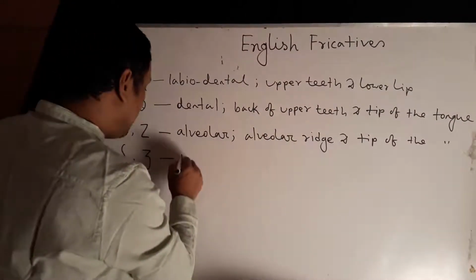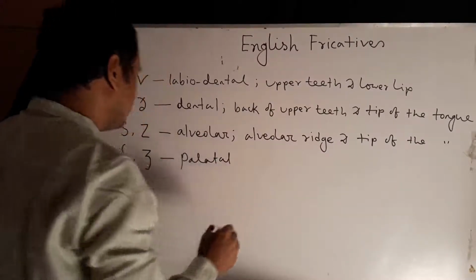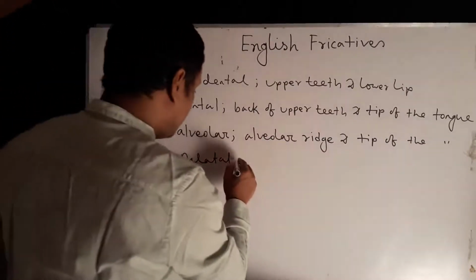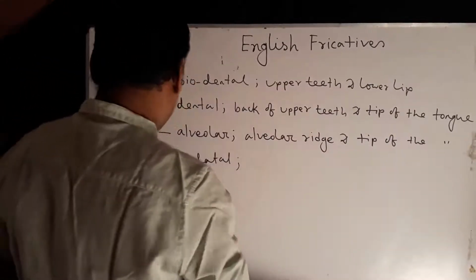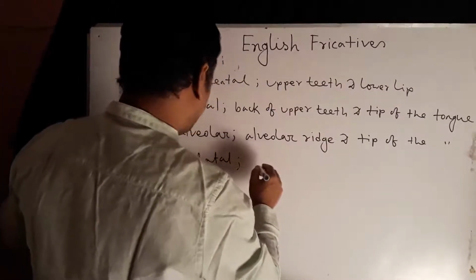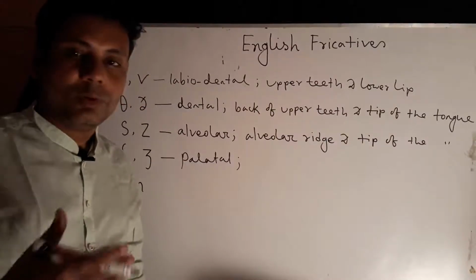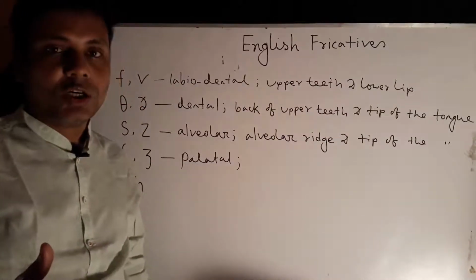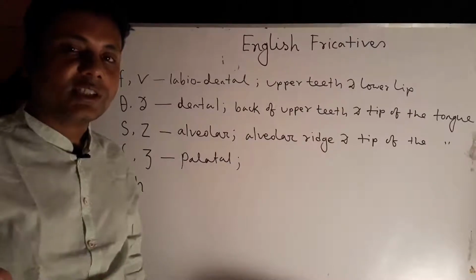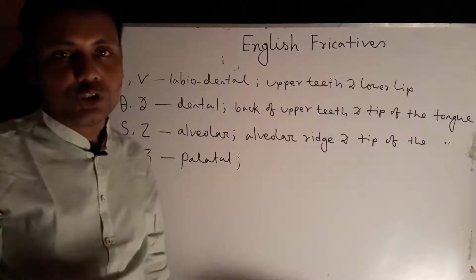Sha, ja are palatal. Of course, in some books you find they are called palato-alveolar, but here I am showing you that they are palatal. In Bangla, palatal means talab, which we call talobyo.